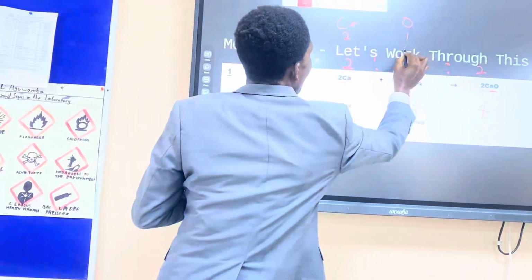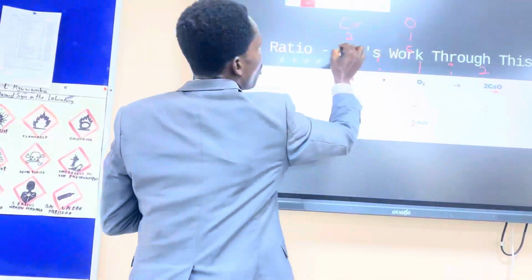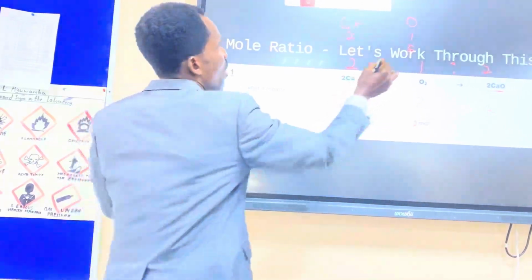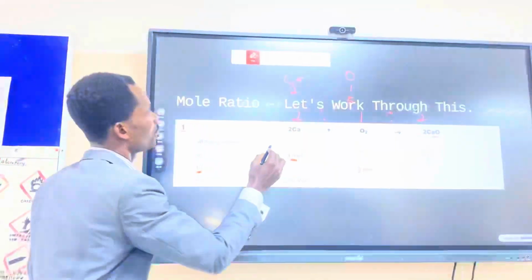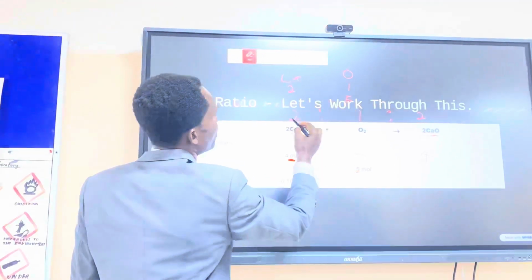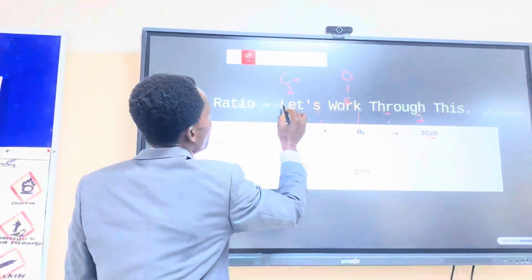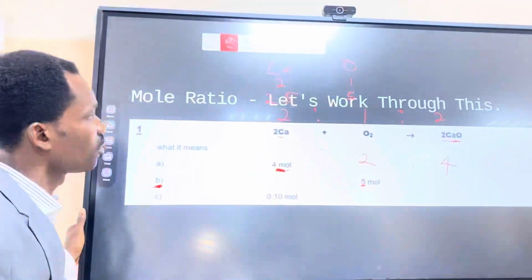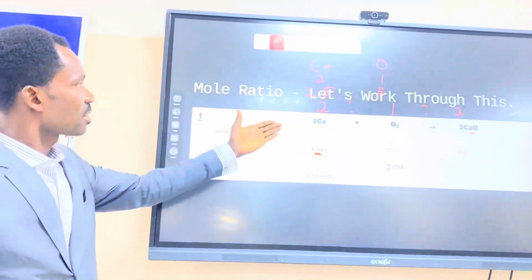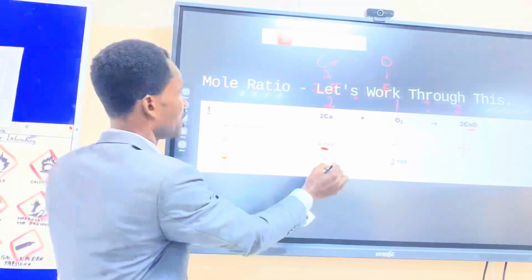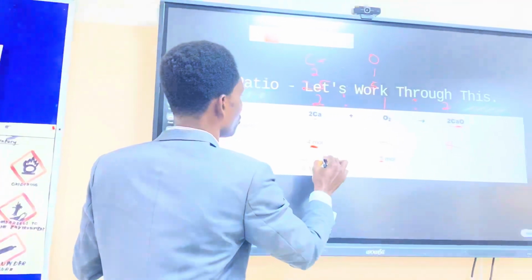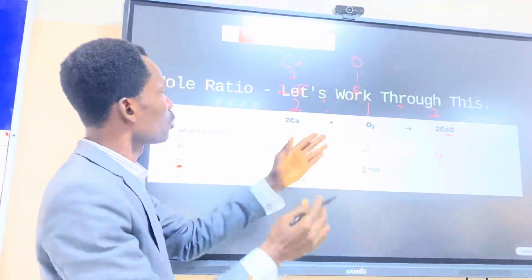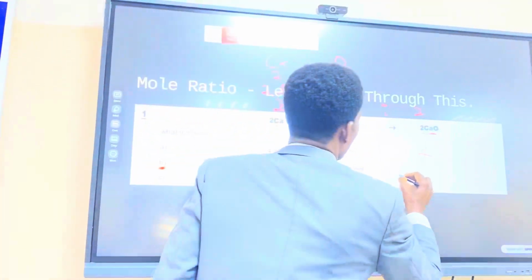Now that we have 5 oxygen, how much of this are we going to have? Obviously, you are going to do 2 divided by 5, and if you punch your calculator, it's going to give you 2.5. So that's how to go about it. The same way, since calcium to calcium oxide are in ratio 2 to 2, you are also going to have 2.5.